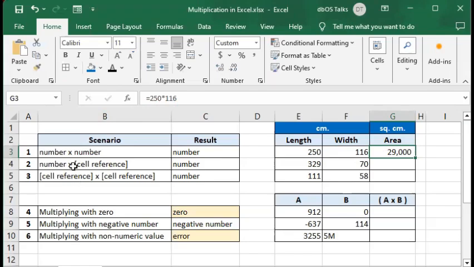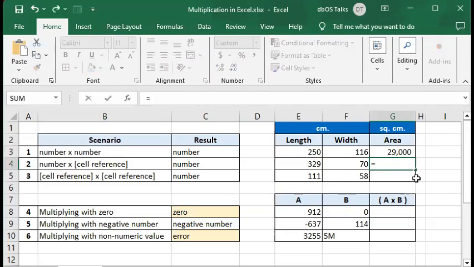Second scenario is number multiplied by a cell reference, or conversely, cell reference multiplied by a number. They work the same. I will begin with an equal sign and then enter this numeric value, 329, and then, instead of x, multiplication, asterisk, and then a cell reference.